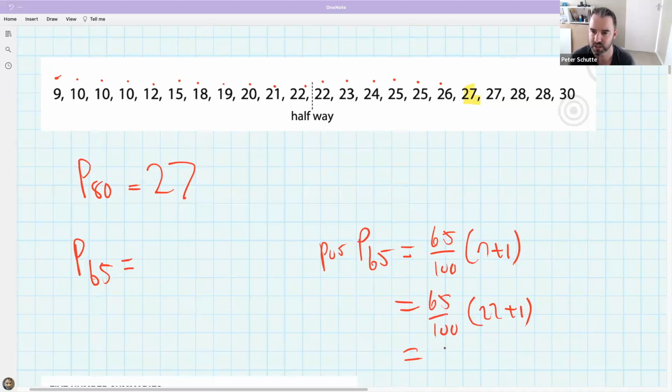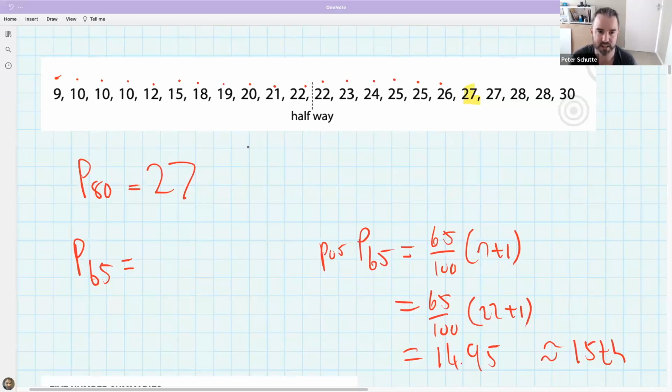Is there a decimal value for this one? So 14.95. Okay, now if we round this off, it's going to round off to the 15th position, because the 15th position is the closest position.